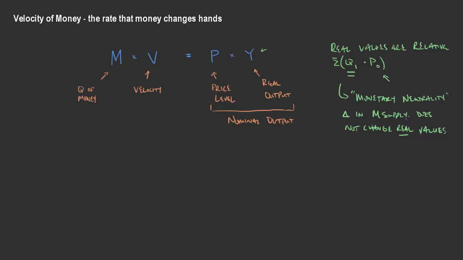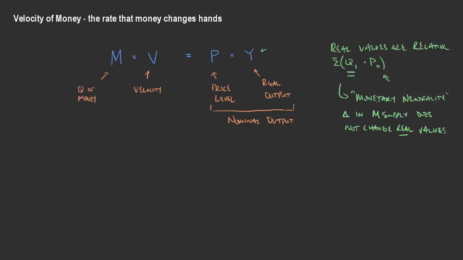If there's a change in the money supply, it does not change real values, because the change in the money supply would change price levels, as we previously talked about. But if we're holding that constant for real values, then it's really just quantity that we're comparing. We're just comparing the quantities of goods to themselves. So you can think about what's the real value versus the nominal value here.